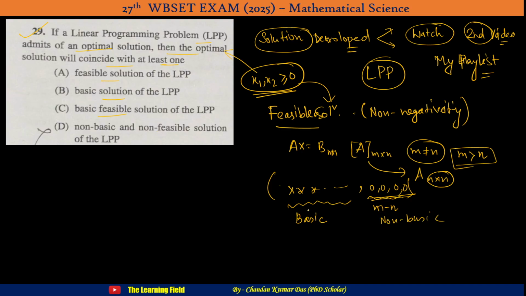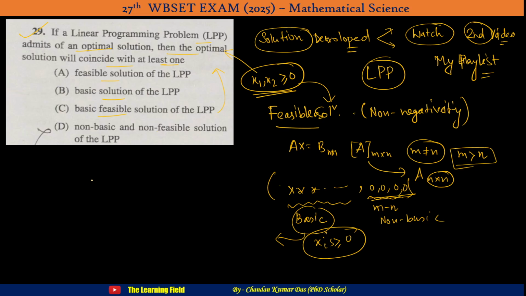These lead to a solution which also satisfies the non-negativity condition, x greater than or equal to 0. So we need a basic solution as well as a feasible solution to identify an optimal solution.